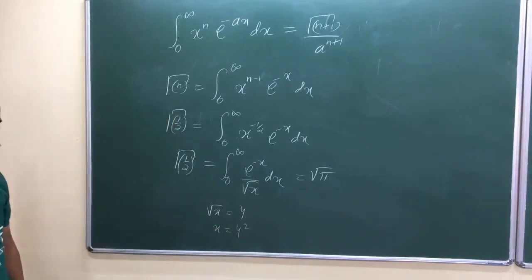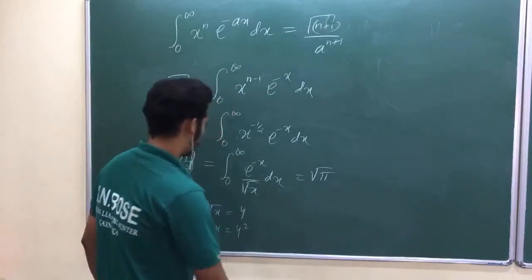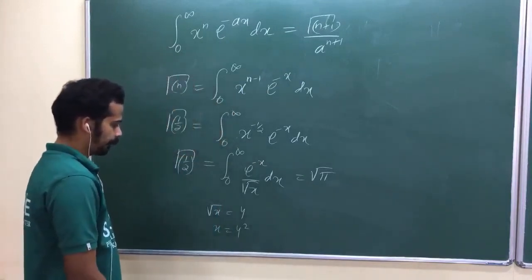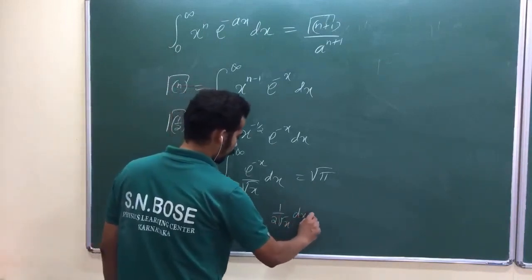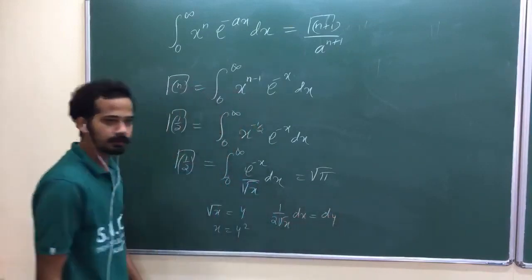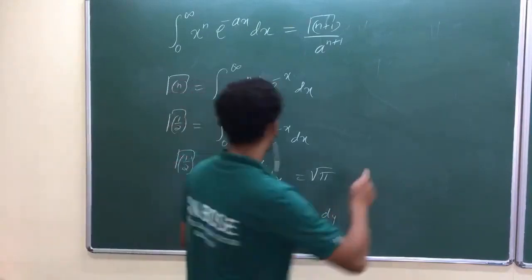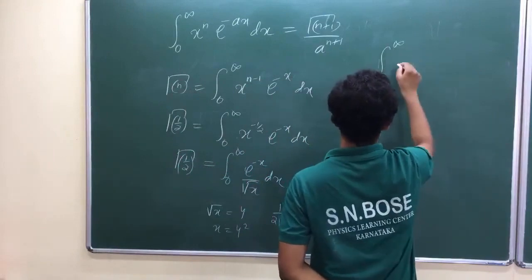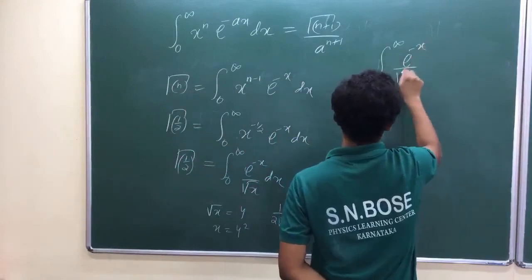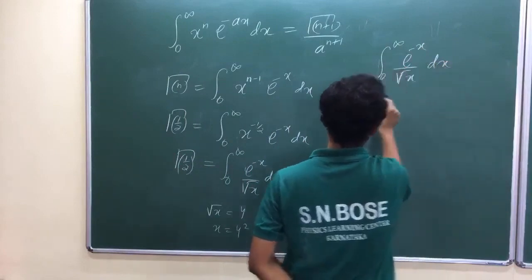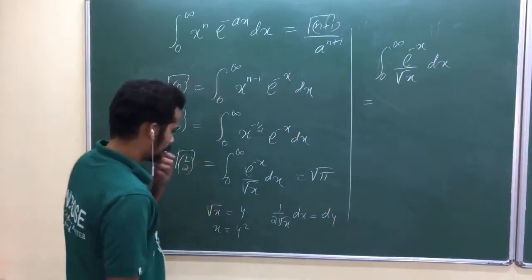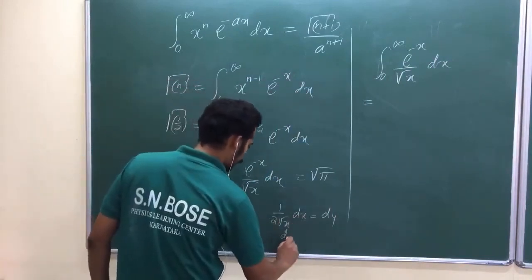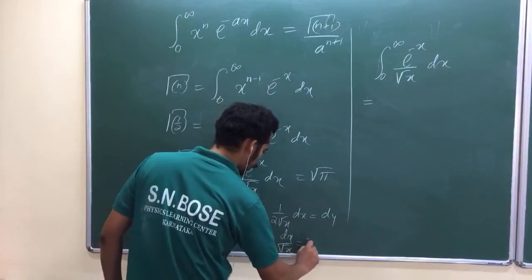Now if root x is equal to y, then 1 by 2 root x dx is equal to dy. Let me substitute. I have this integral from 0 to infinity of e power minus x by root x dx, and I am trying to do some substitution and convert that integral. So then I'll take this 2 here: dx by root x is equal to 2 dy.